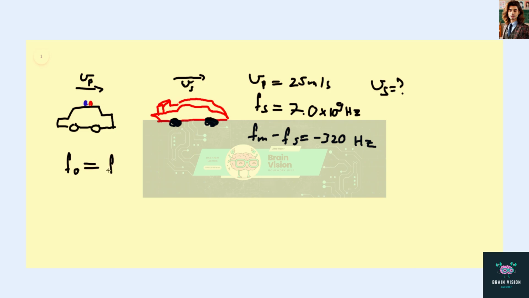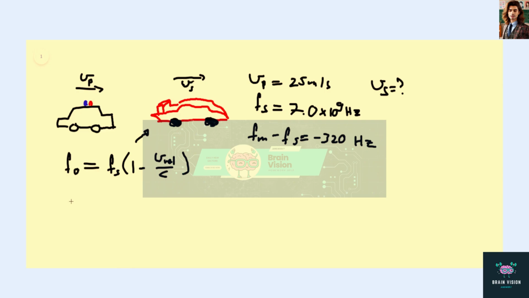And so this is going to be the frequency of the source times 1 minus V rel over C. So this is the frequency that the speeder observes.